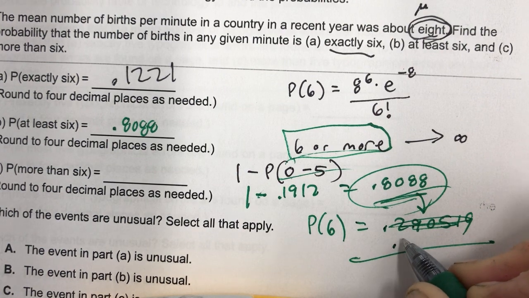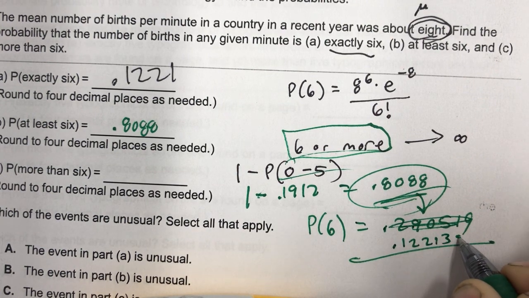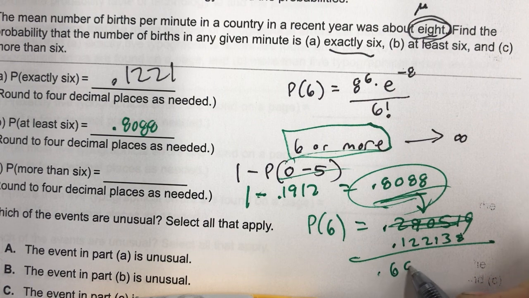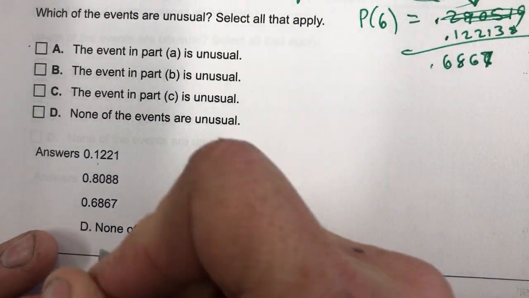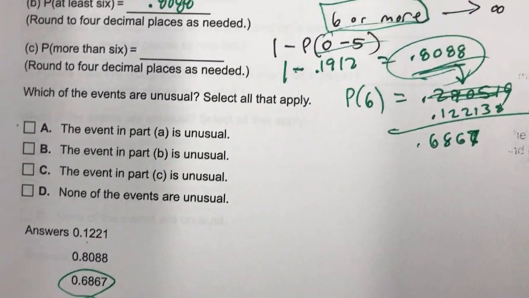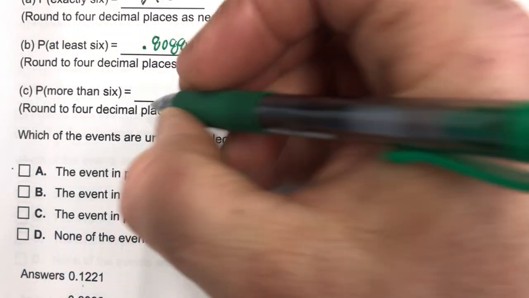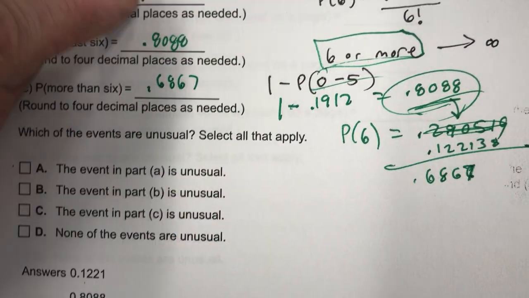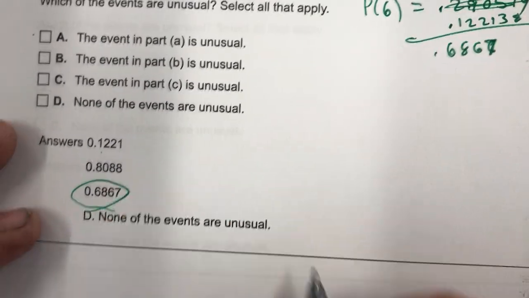This would be 0.122138. So now if I do, all right, there you go, 0.6867, which is what we have right there. Okay. So this is 0.6867. Now, which one of these is unusual? No, none of them. So none of them are.